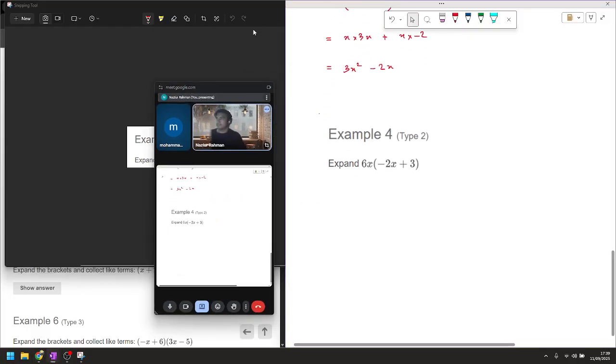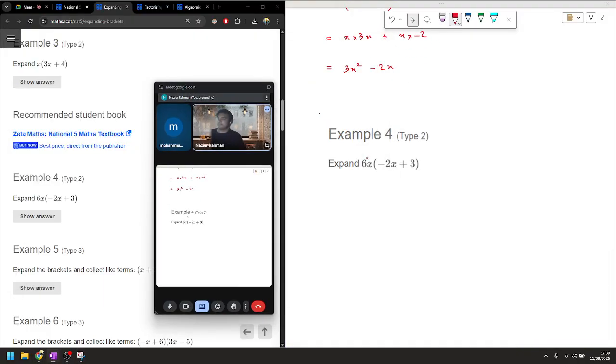All right, so now let's do another example from the exams, past papers. This one. So again, carefully, take your time. So one way of doing it is just dealing with the x's first.